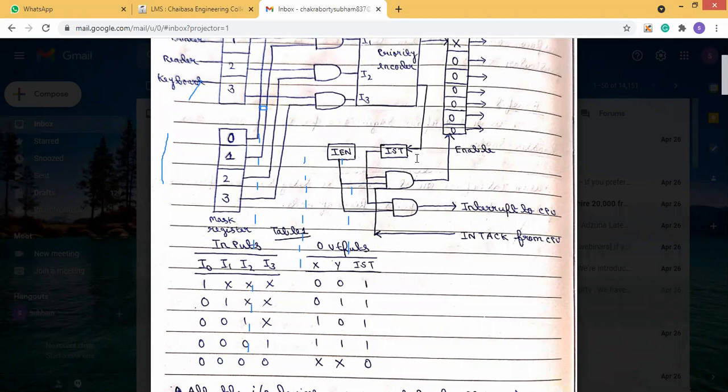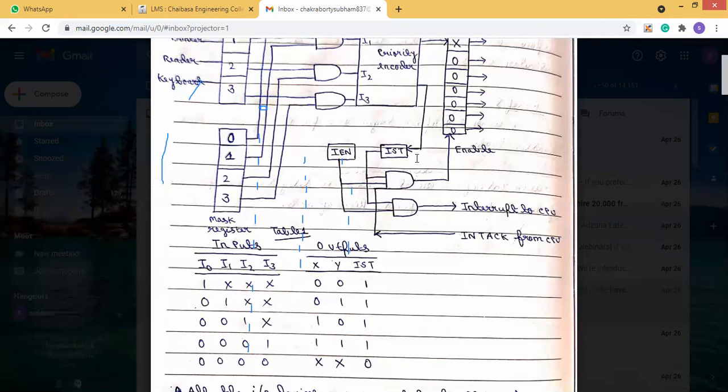Now in this interrupt generated, any input output devices can generate interrupt, but IST only shows that 1 means any of the input output devices generated interrupt. It doesn't particularly mention which input output device generated the interrupt. 1 means that any of the input output devices has generated interrupt, and 0 means no input output device has generated interrupt.